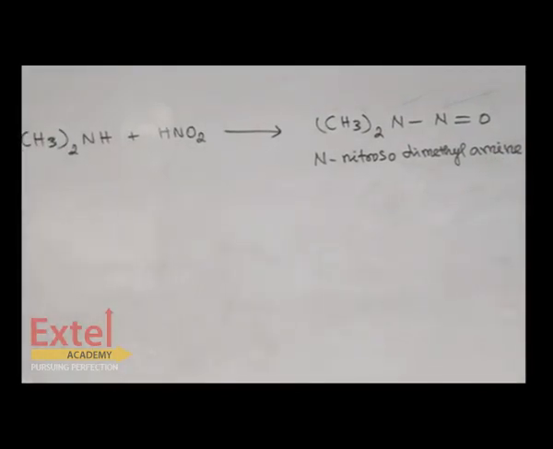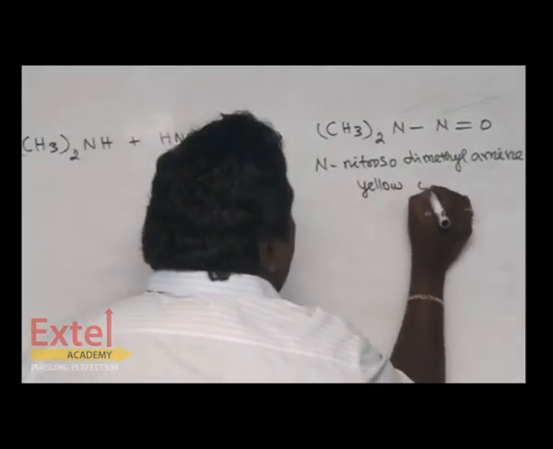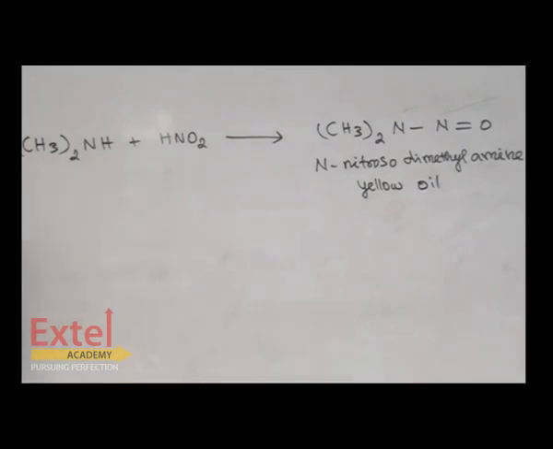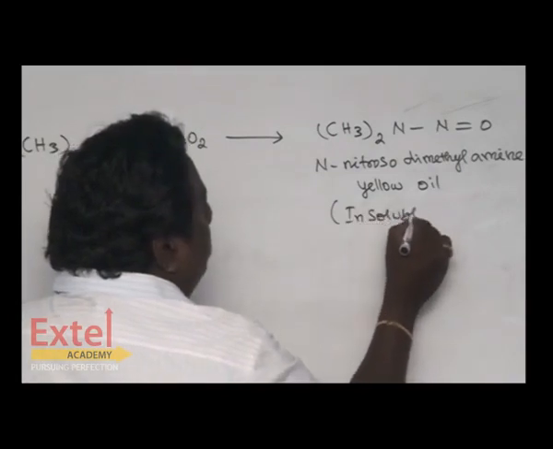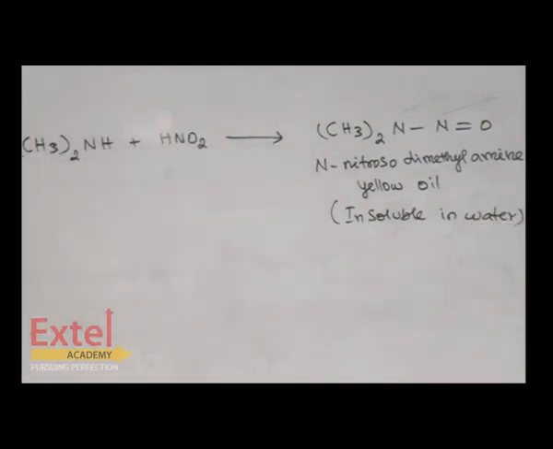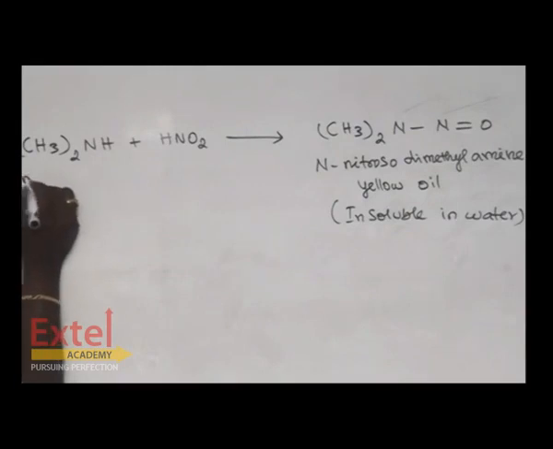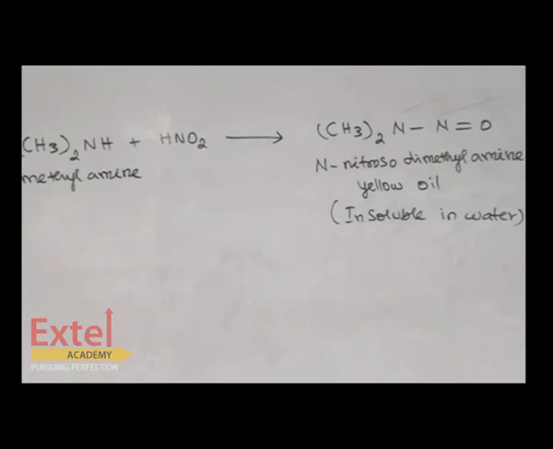It's a yellow oil. It is insoluble in water. So, when secondary amine, that is dimethylamine, reacts with nitrous acid, you are getting N-nitroso dimethylamine, which is a yellow oil insoluble in water.